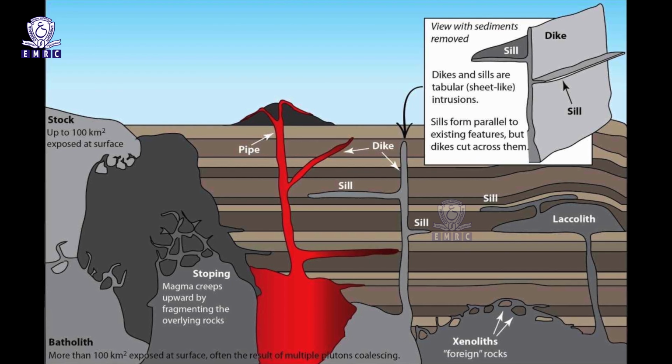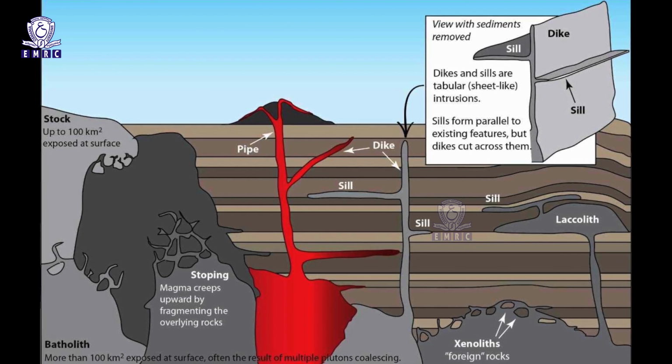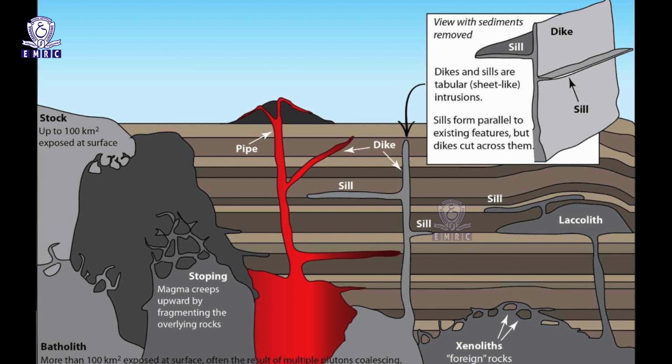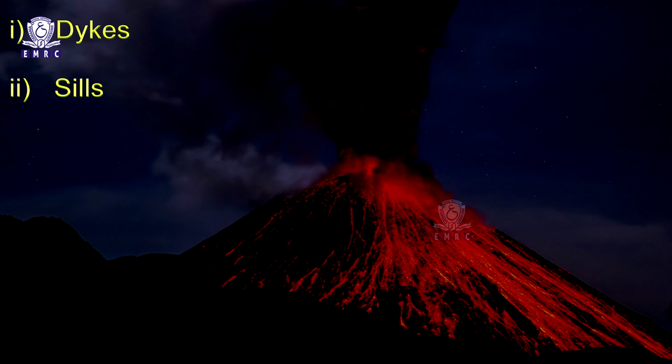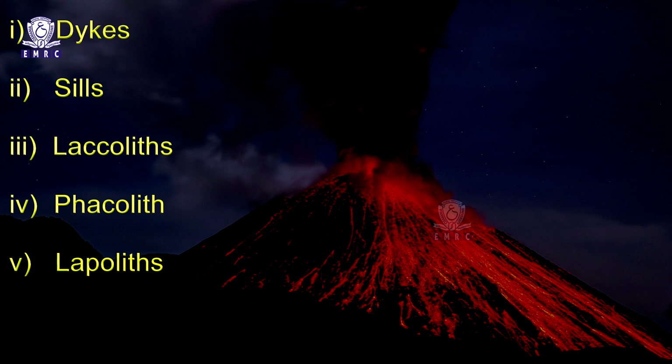They may become visible upon exposure after denudation of the overlying rocks. The major intrusive volcanic features are in the form of igneous rock formations. Depending on their shape, the intrusive volcanic features are classified as dikes, sills, laccoliths, phacoliths, lapoliths and batholiths.